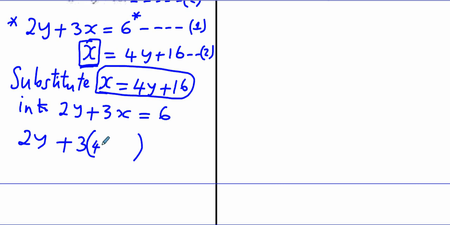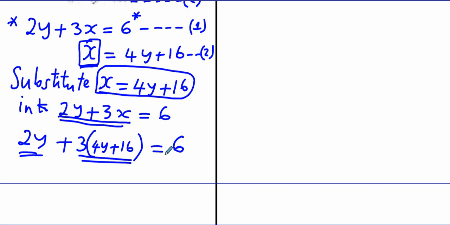So in place of x, you write 4y plus 16, and that will be equal to 6. Now when you reach here, open the brackets. This will be 2y plus, this multiplies here, 12y. The same number multiplies here, that will be 48, equals 6.